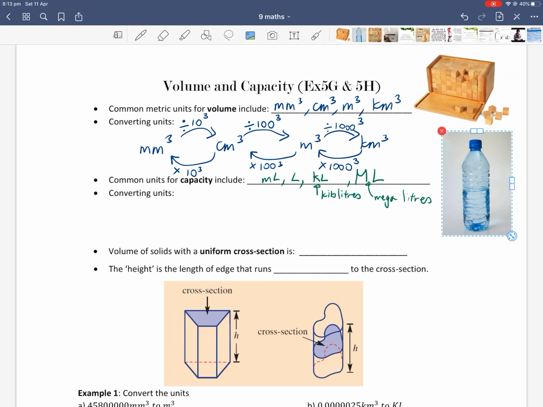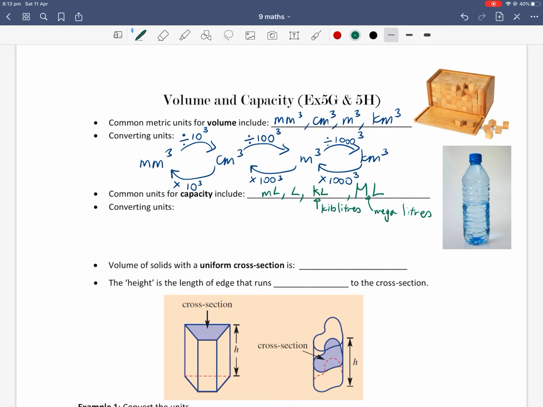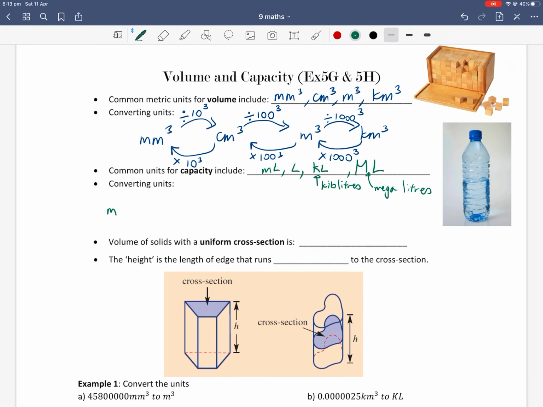To convert units in capacity, again, start off with your smaller units, so milliliters with lowercase l, then capital L for liters, capital KL for kiloliters, and capital ML for megaliters. Up arrow to the right, down arrow to the left.